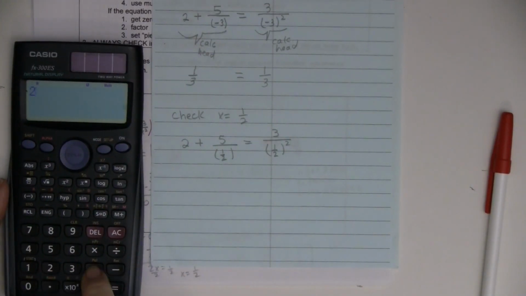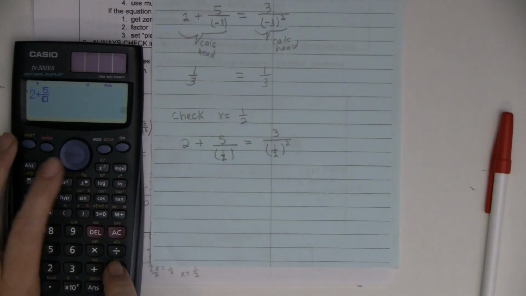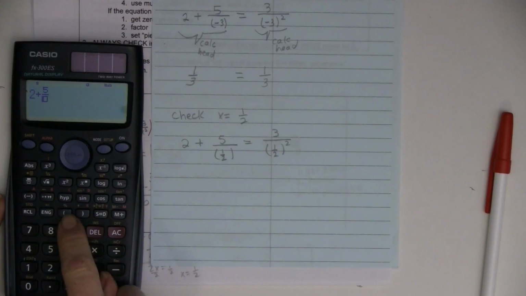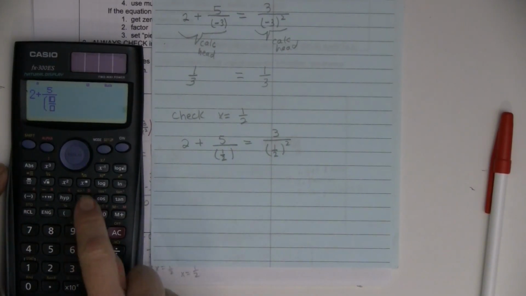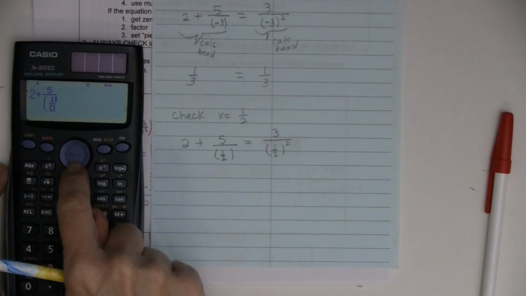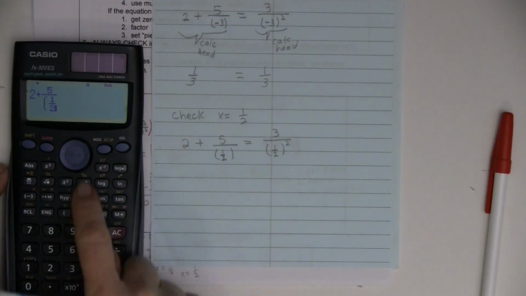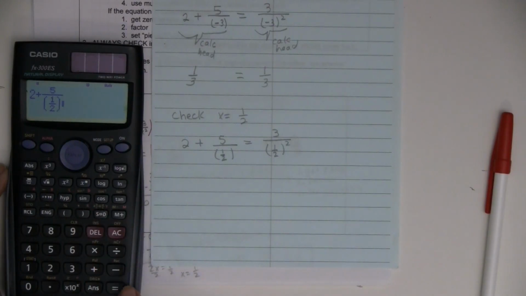So 2 plus, and then fraction, and in the numerator 5. And we go in the denominator, and I'm going to put it in just exactly like we see it, parentheses, and then fraction, and in the numerator of the fraction 1, and go downstairs, and the denominator of the fraction 2, I want to go out to the side to end the parenthesis. And now it looks exactly like it looked on the screen.